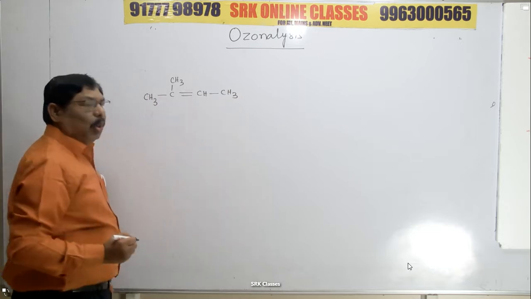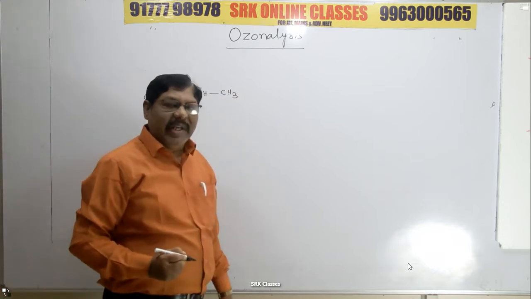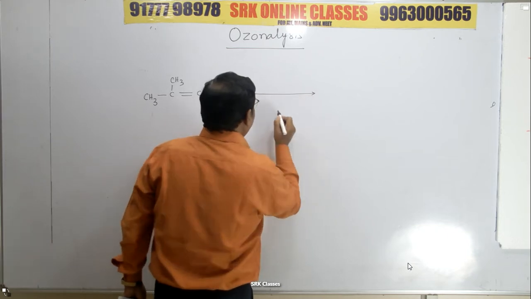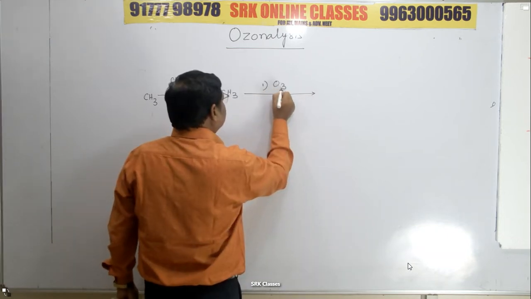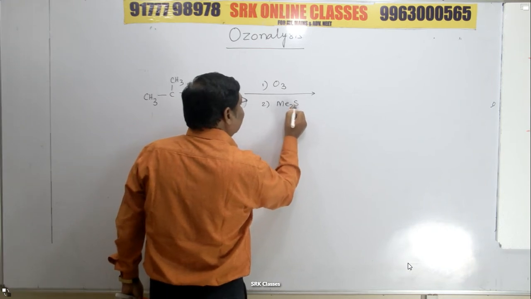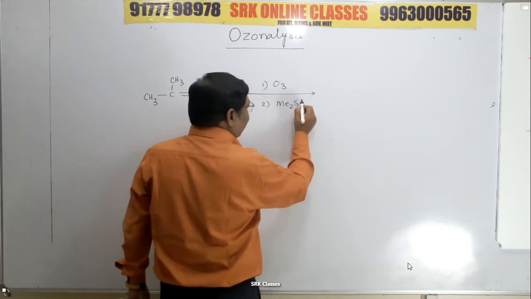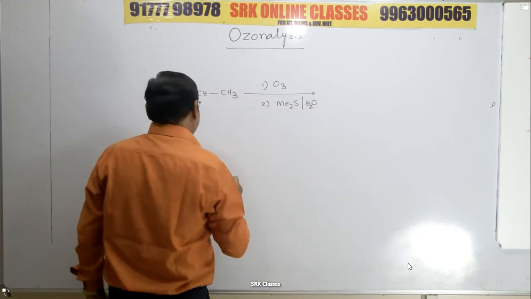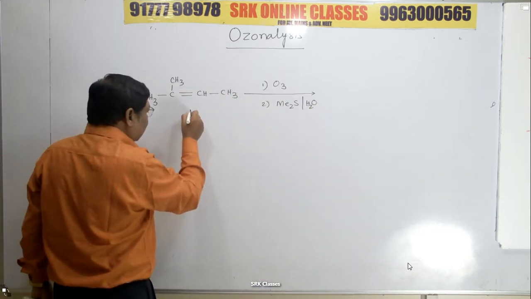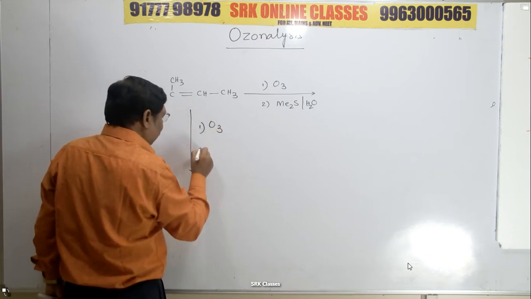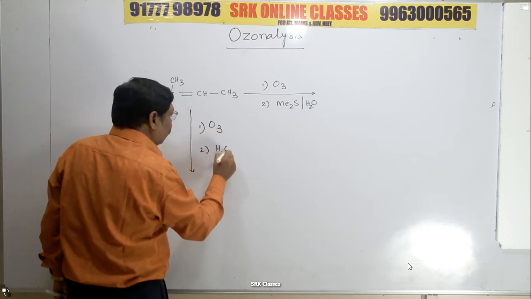This is 2-methyl-2-butene. These are the different reagents. I am writing first one ozone, second one dimethyl sulfide in presence of water. Second one, oxidative ozonolysis: ozone, and second one is H2O.